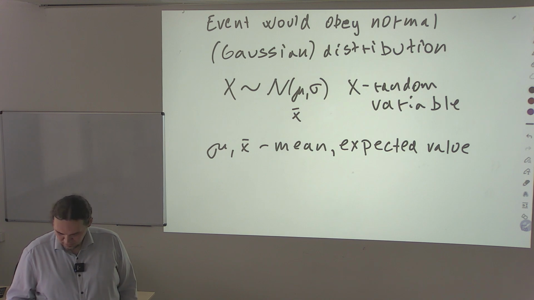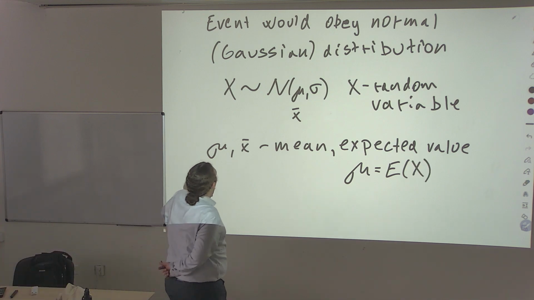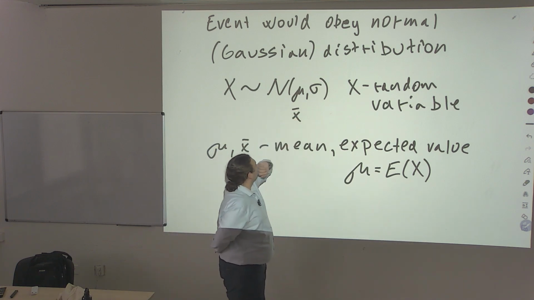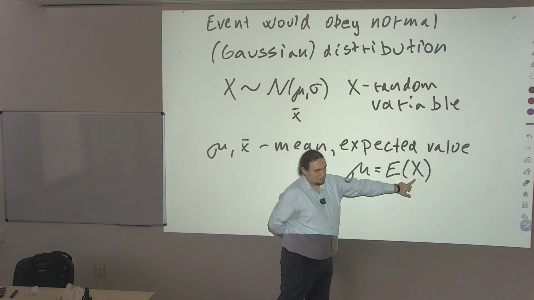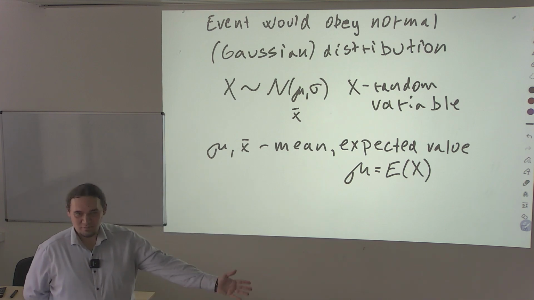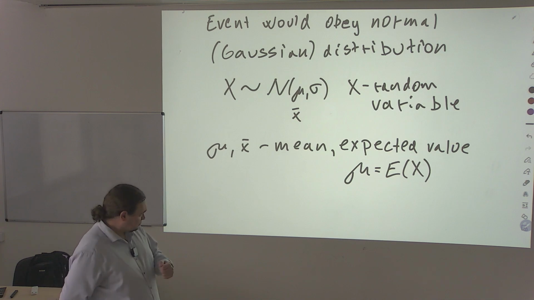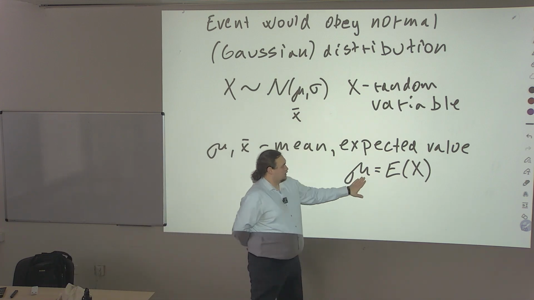They would even write mu as E of X. If my data are distributed according to the normal distribution, I expect the event X, be it throwing a dice, measuring temperature in this room, or calculating my likely result at the next exam, to be this number.